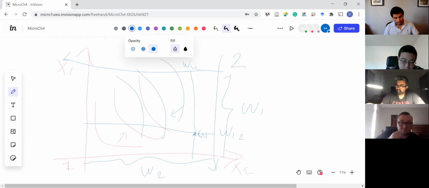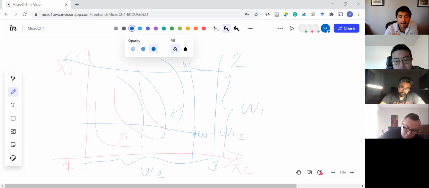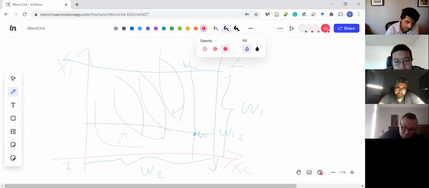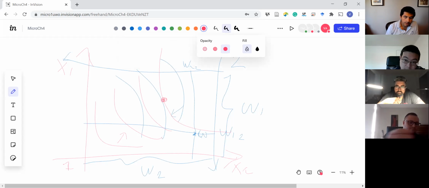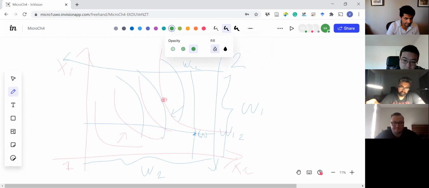Well, now in particular, whenever they become tangent to each other. So let me choose now a red color. Okay. So now I'm going to draw a price vector. So let me do this better.